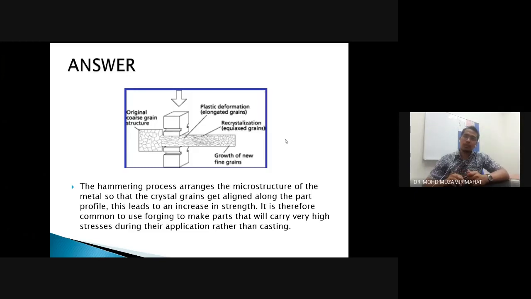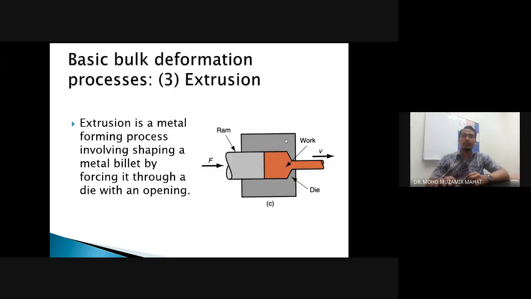After we get the elongated grains, finally the growth of new grains can be seen at the right part of the structure.